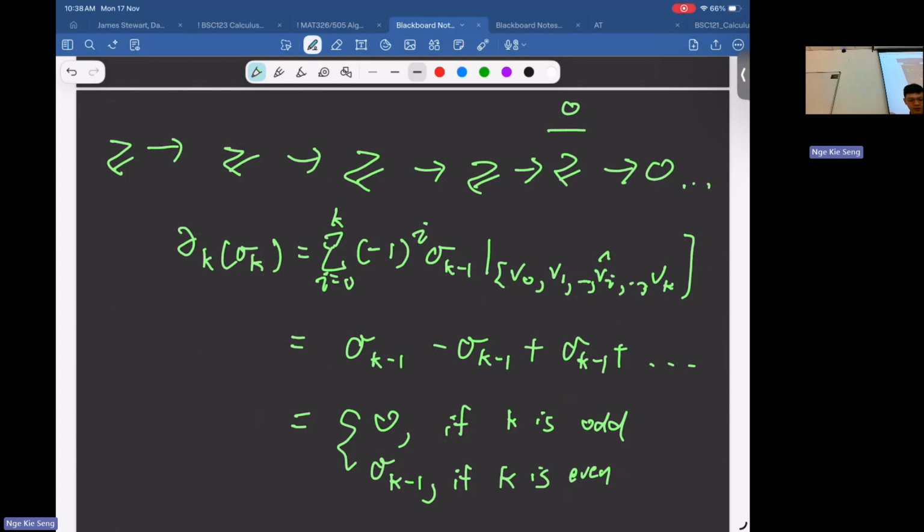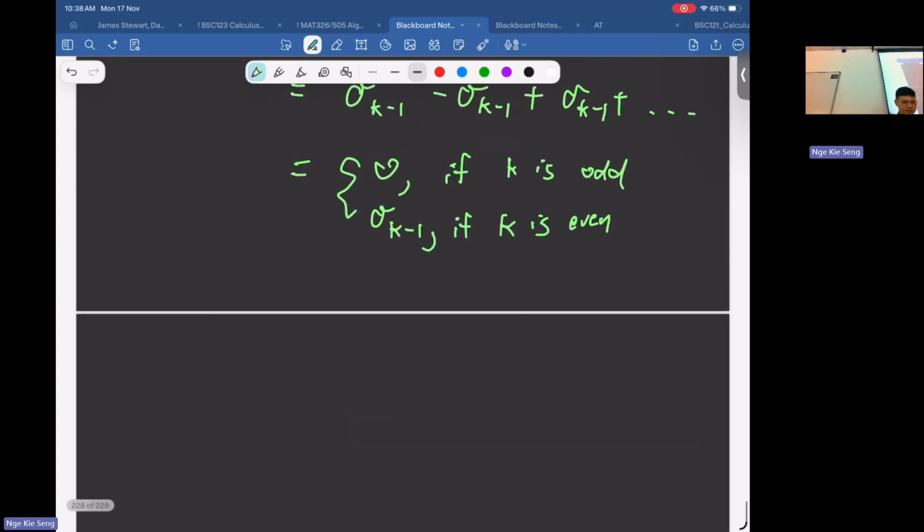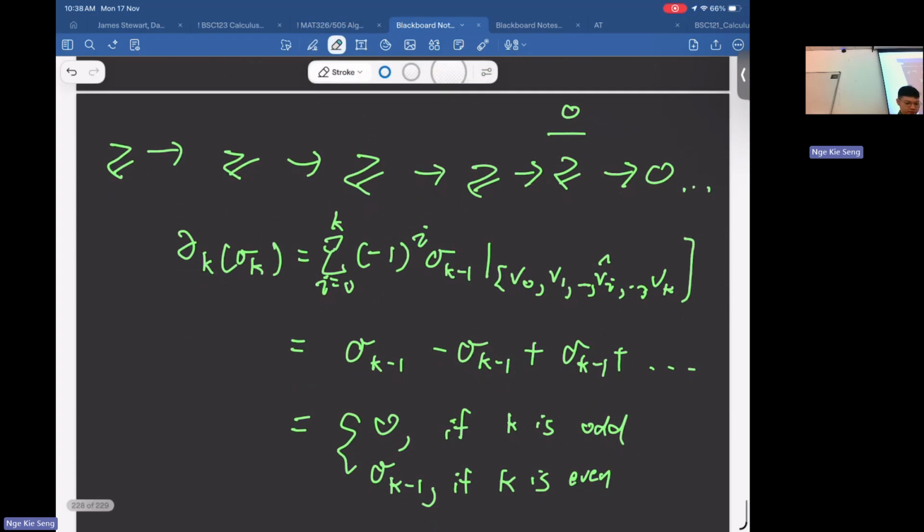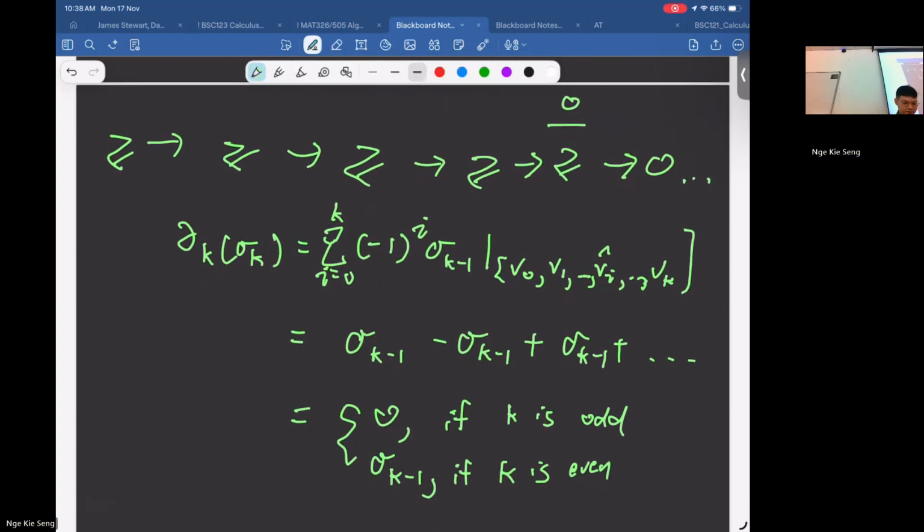So there will be someone surviving. Okay. So in this case, what's the map here? It follows that what you will get is either 0 or the identity. Okay. Does it make sense?